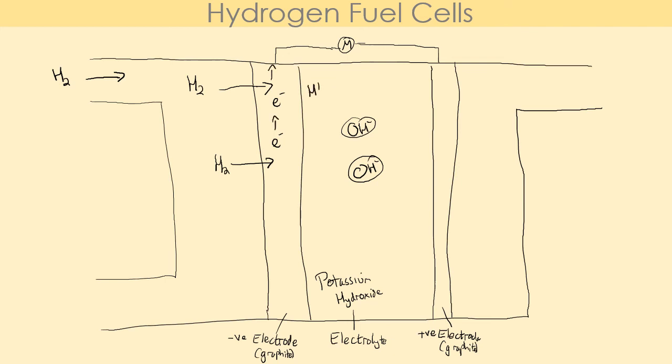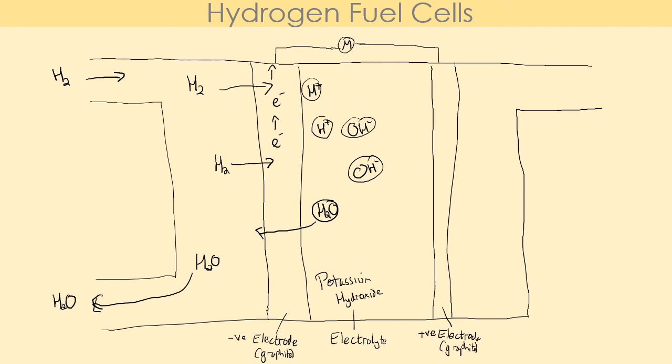We now have H+ ions that have formed in the electrolyte. They will combine with the OH- ions to form H2O. The H2O, or water, will then move out past the negative electrode back into here, where it can be removed from the system, and we get water given out.